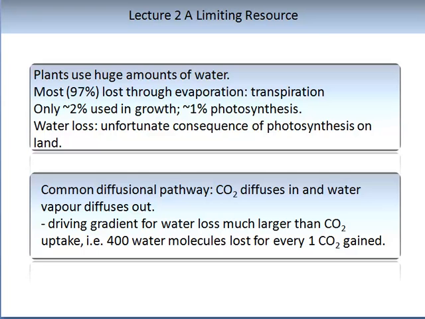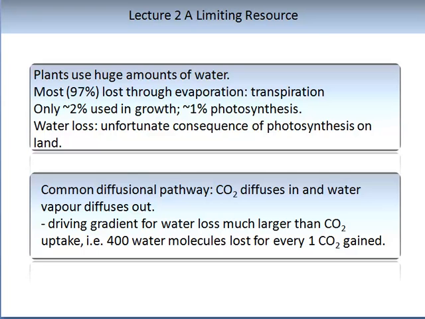Water loss is an unfortunate consequence of photosynthesis on land, and we will explore this in the photosynthetic lectures and in the transpiration lectures, which will occur later on in this subject. In summary, the loss of water is due to what is called the common diffusional pathway. This is where carbon dioxide from the atmosphere diffuses in to the leaf, and while this diffusion is occurring, water is lost.